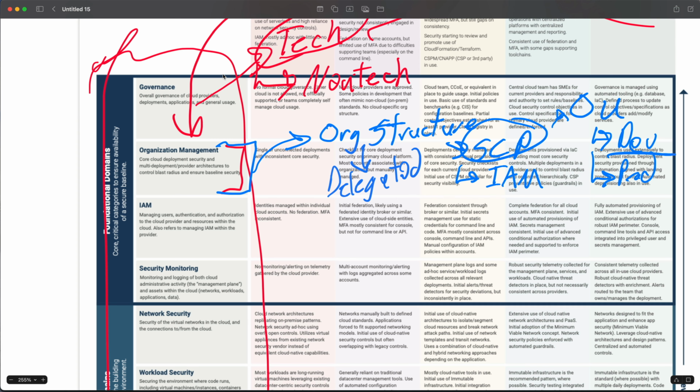So within our org management, we set up those delegated accounts and delegated administration, and we did that for logging. With our CloudTrail, we pushed all of those to a dedicated log archive account. And we did that for Security Hub, going into our security audit account. That's where we built our alerts so that we can actually get our alerting out of it.